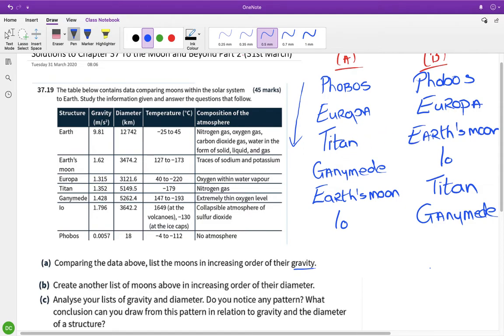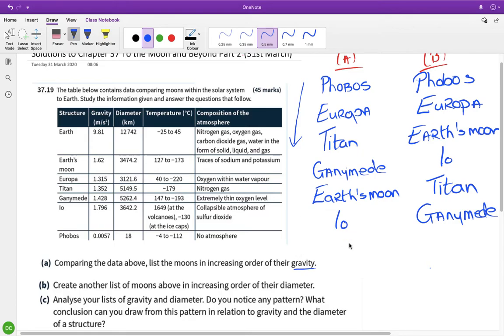Titan is third on the gravity list, but it's fifth on the diameter list, and then fourth here and sixth. This is the fifth in terms of gravity, but it's only the third in terms of diameter. So, do you notice any pattern? No, not really. There isn't really a pattern there.